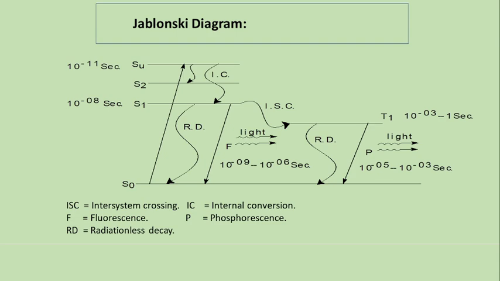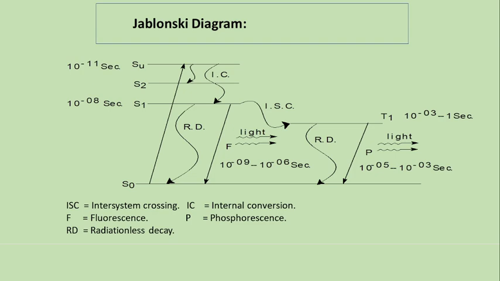During that process, the molecules show a phenomenon, that is fluorescence. The fluorescence occurs in 10 raised to minus 9 to 10 raised to minus 10 second. In a similar condition, another process occurs, inter-system crossing.